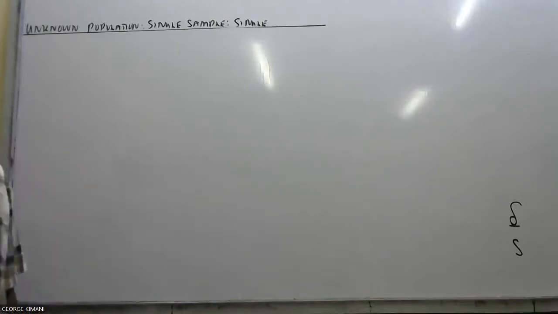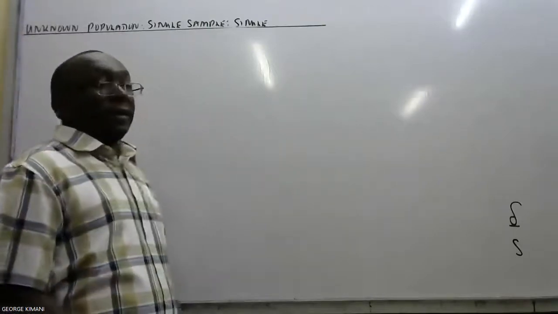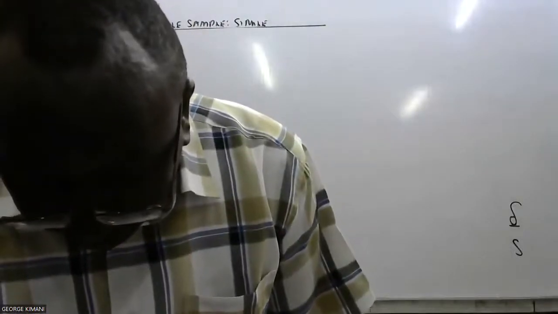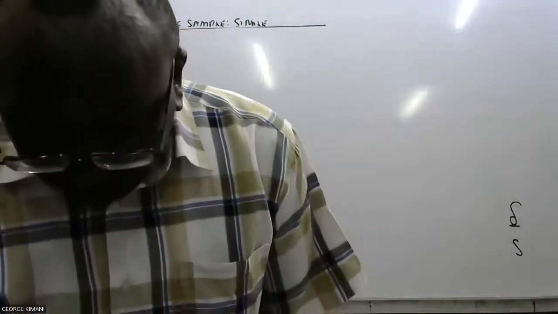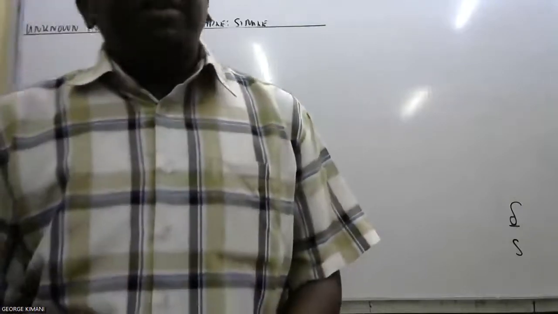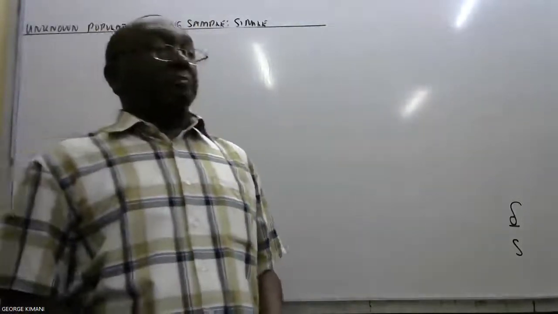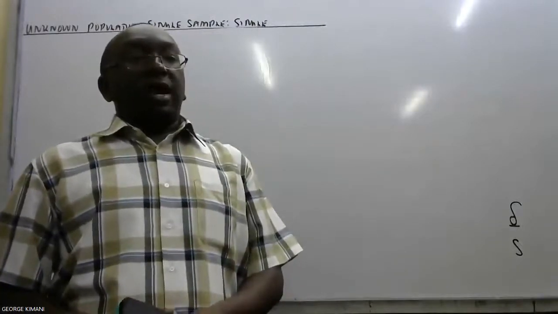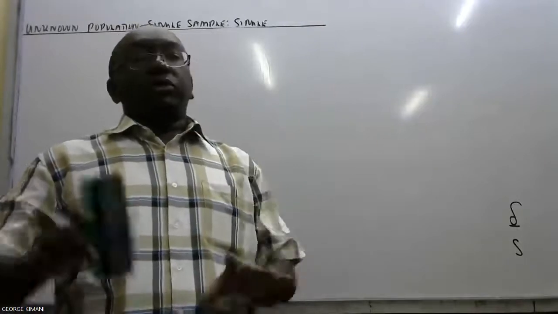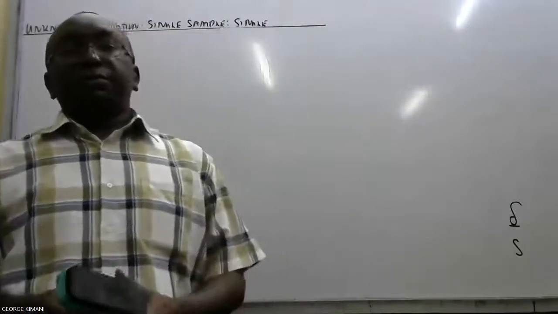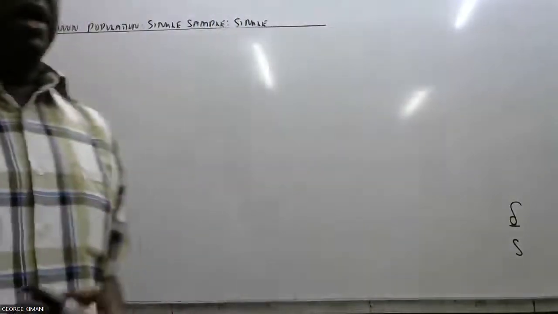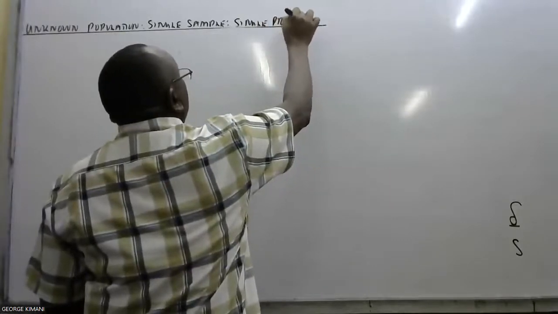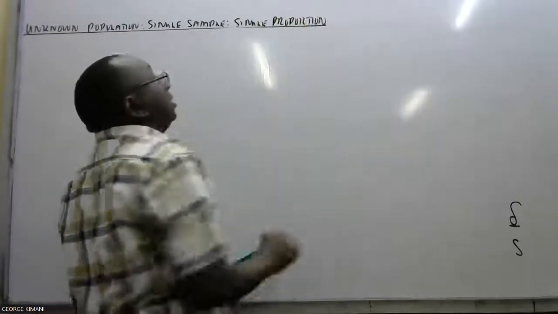Proportion. There is even the word proportion there. But even in its absence, a proportion is one number expressed in terms of another one. So when you see a statement that tells you this out of this, that makes it a proportion. So it's a case of single proportion.